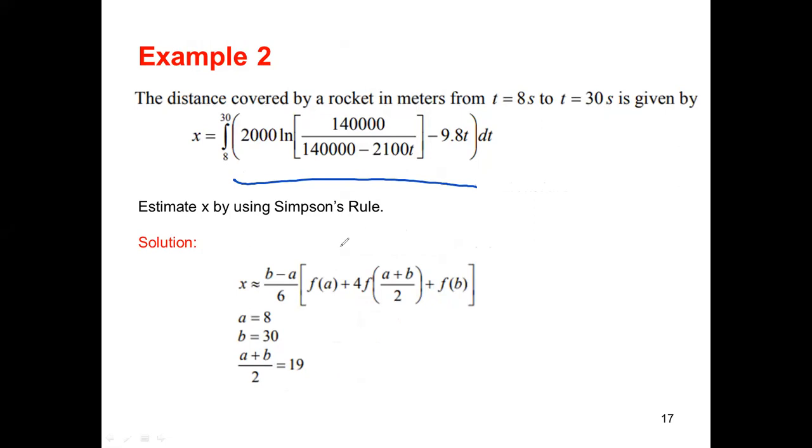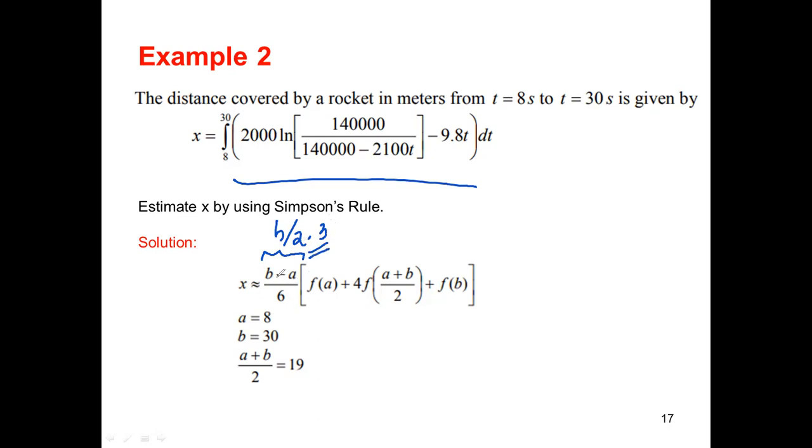Now, if we estimate the x value, the distance covered by the rocket in meters, your x here would be equal to, using Simpson's rule, h divided by 2 divided by 3. So h divided by 2 divided by 3 would be b minus a divided by 6, because these two you will multiply.